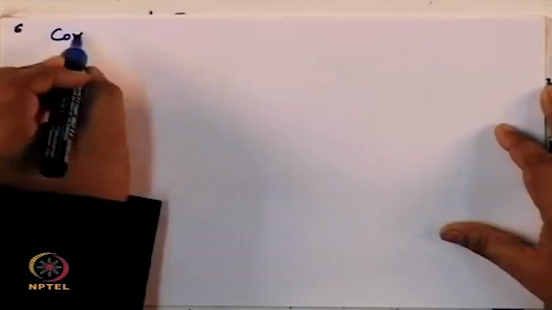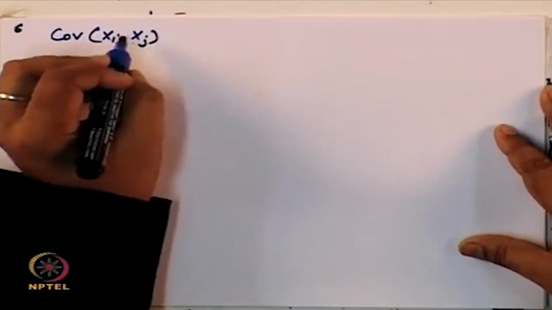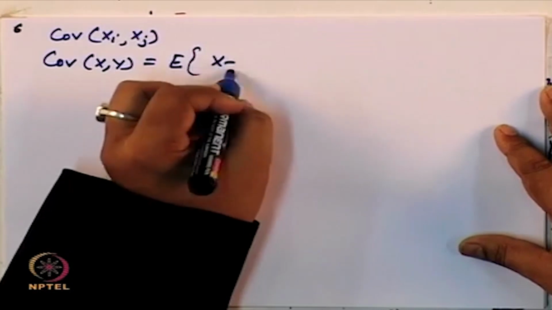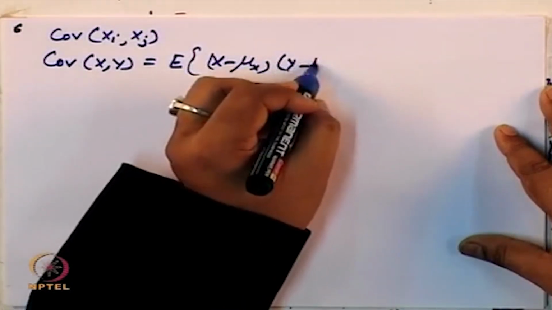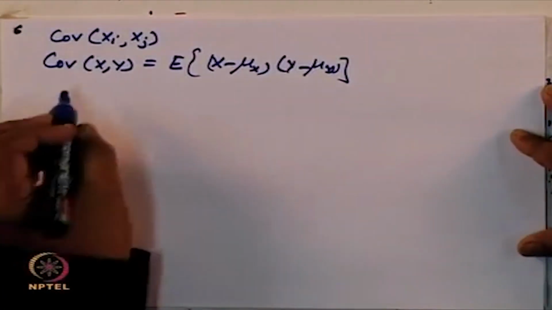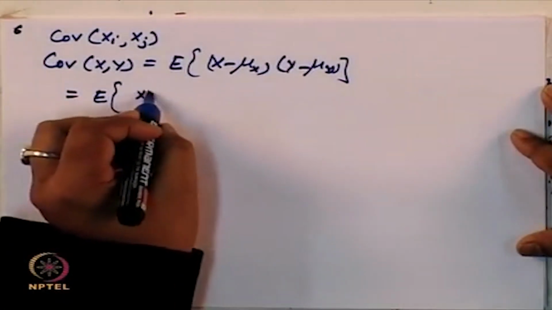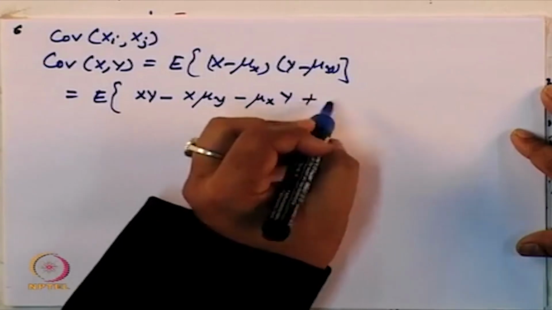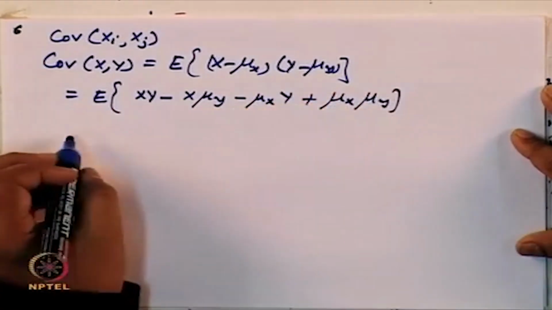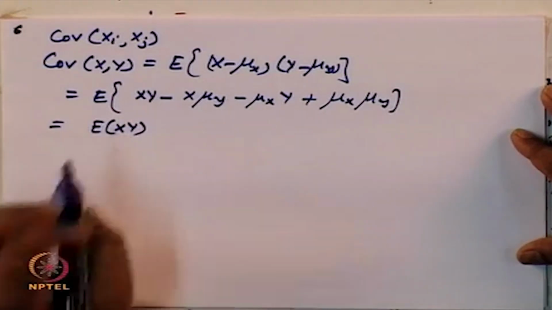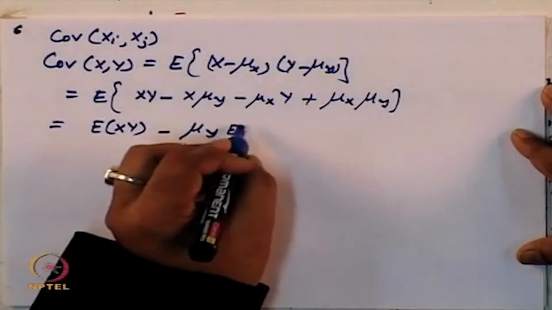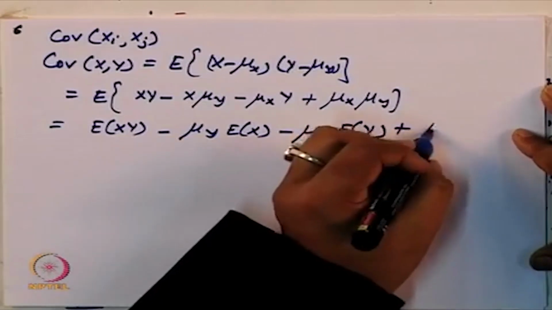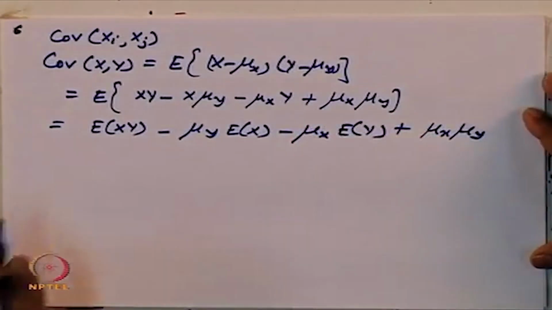So, covariance of xi comma xj, or let us say covariance of x y, is defined as an expectation. I can expand this. I can write this as E of x y minus mu y E of x minus mu x E of y plus mu x mu y.